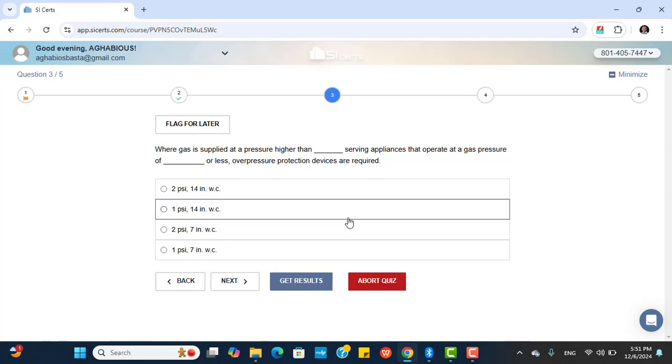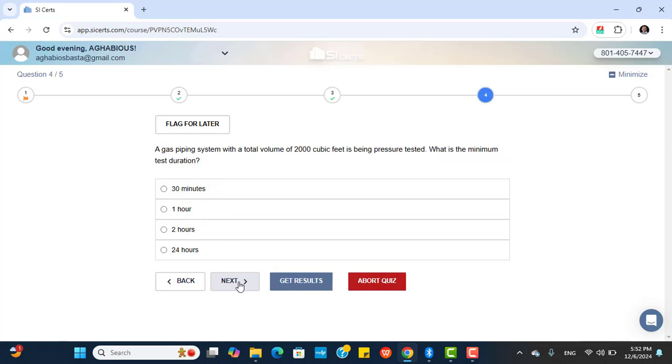Where gas is supplied at a pressure higher than 2 psi, serving appliances that operate at a gas pressure of 14 inches water column or less, overpressure protection devices are required. When the pressure is higher than 2 psi and 14 inches water gauge.